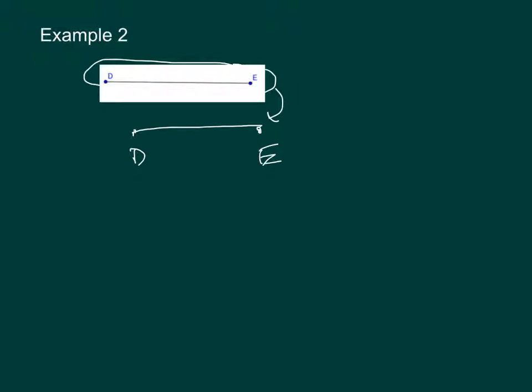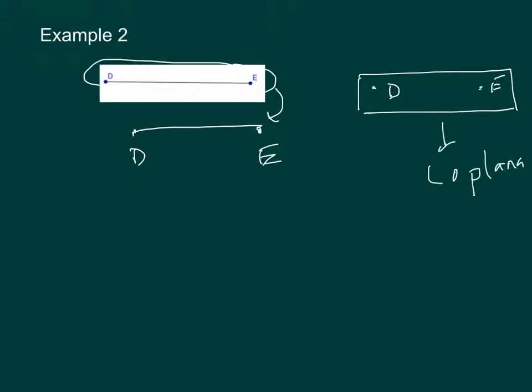Given the box that they're already in, actually, let me erase that. Go back to this box right here. If we simply just had point D and point E within that box, they would be coplanar. And these are collinear. All right, good work.